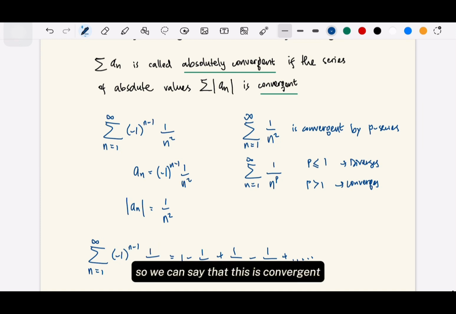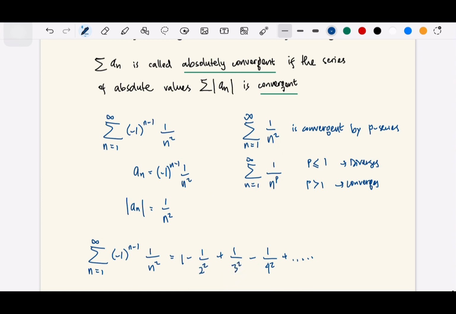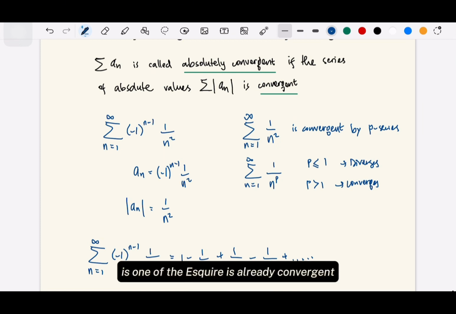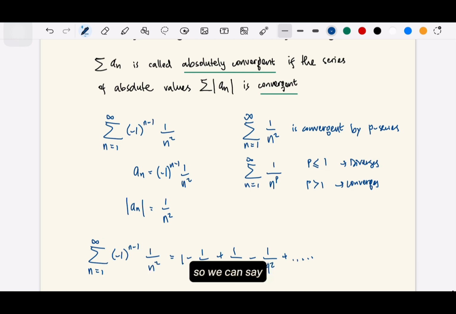So we can say that this is convergent because the absolute value, this 1 over n squared, is already convergent. So we can say that this is absolutely convergent.